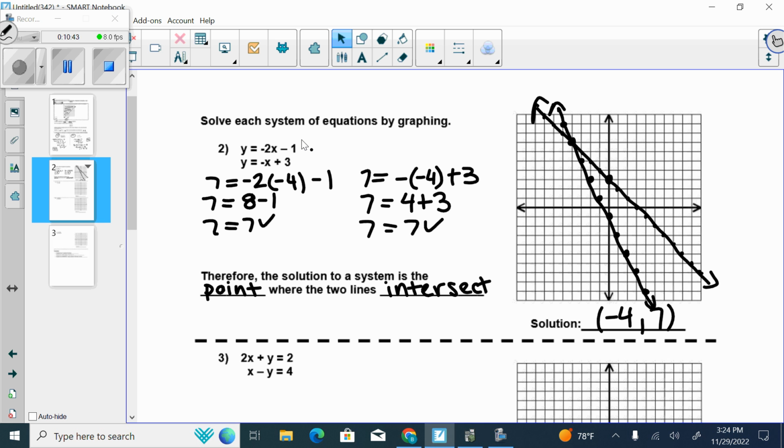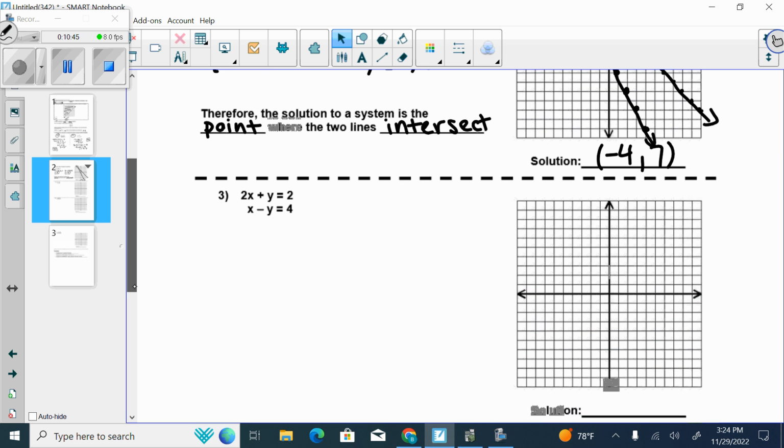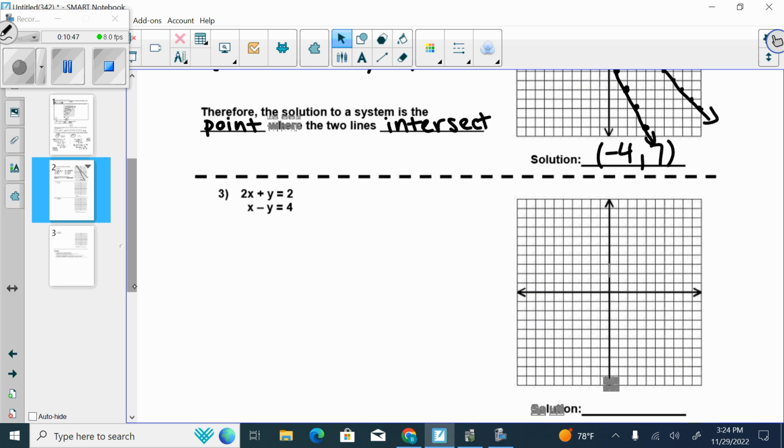Okay? All right, let's look here at number 3. Okay, on number 3, is this equation ready to graph? No. So we've got 2x plus y equals 2. What do we need to move? The 2x. How do I move it? Right. All right. Can I actually subtract 2x from 2? No, because they're different, right?